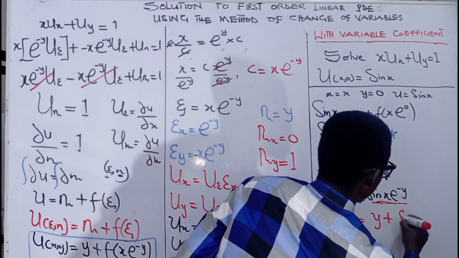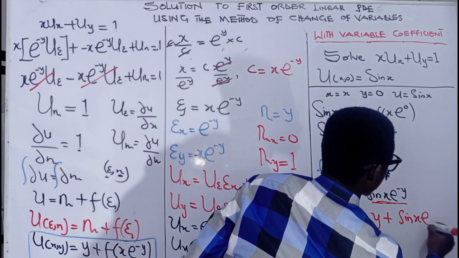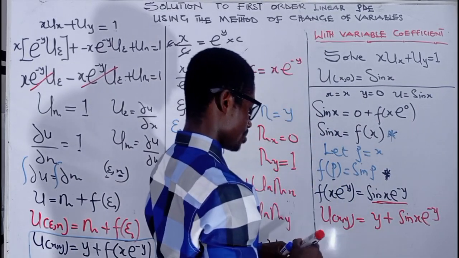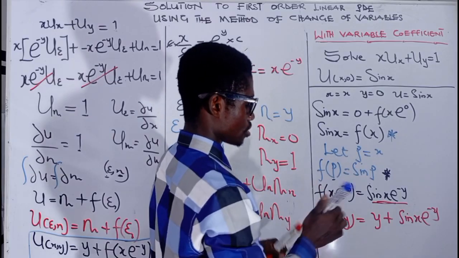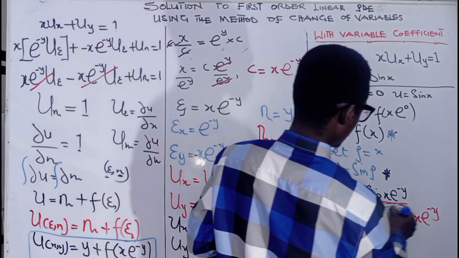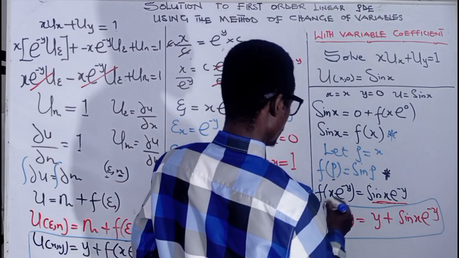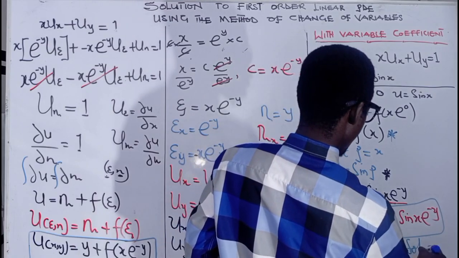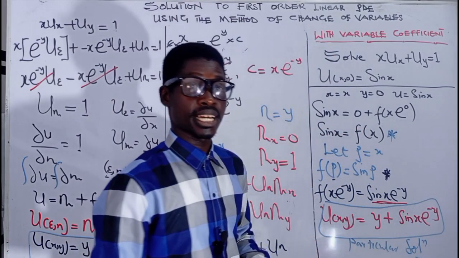So we have sine of x e exponent negative y, and this becomes our particular solution. Very, very easy and then simple.